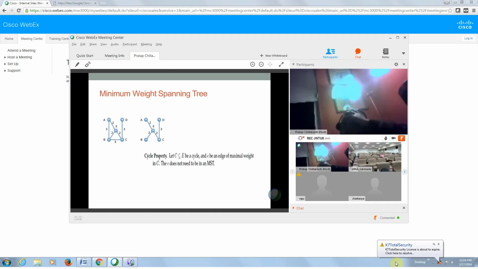Looks pretty obvious, right? Intuitively, when you have a cycle of edges, you want to take the least weighted edges to come up with a minimum spanning tree. Okay, that is called the cycle property here.